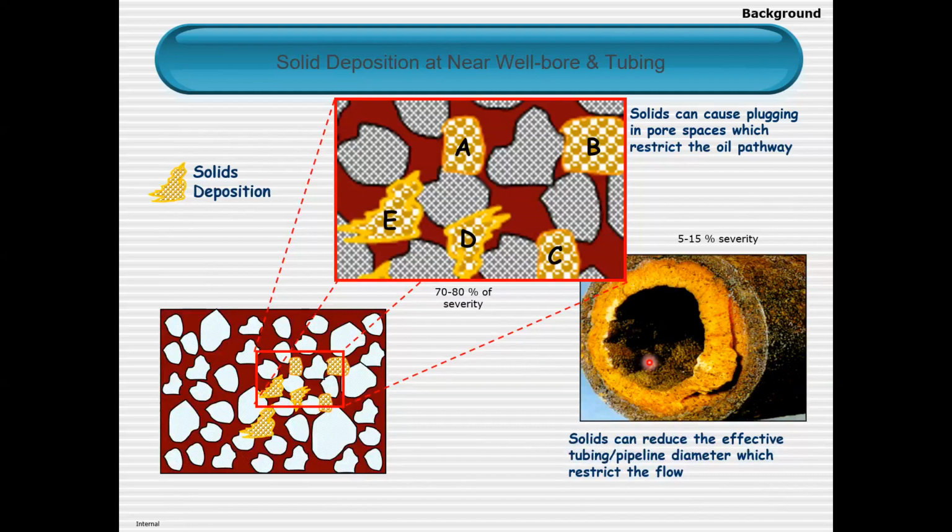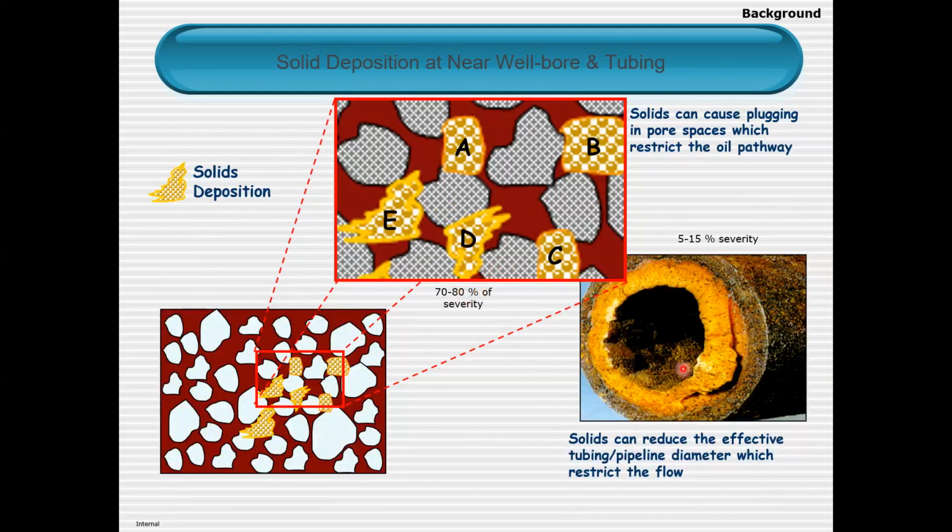Okay, as you can see here, this is basically the formation and reservoir. You can see wax, asphaltene, scale, all these A, B, C, D, E blocking the pathway of crude oil moving to the surface. If this wax and scale blocks at the formation, it is the worst case, 70 to 80% severity, because the pore throats are too small in Darcy terms.